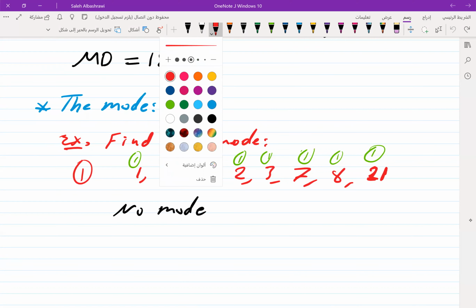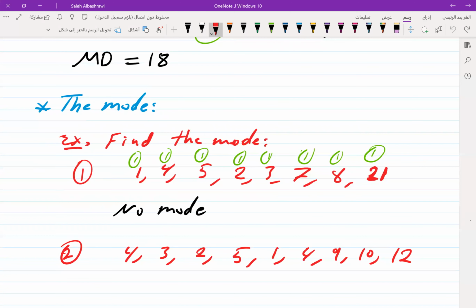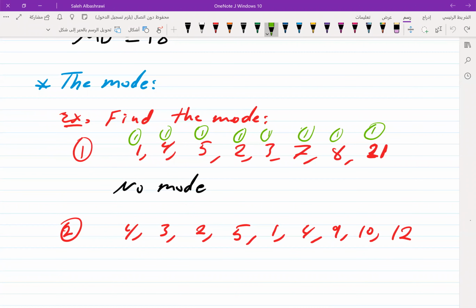Another example, number 2. What we have: 4, 3, 2, 5, 1, 4, 3, let's say 9, 10, and 12. Let's see.